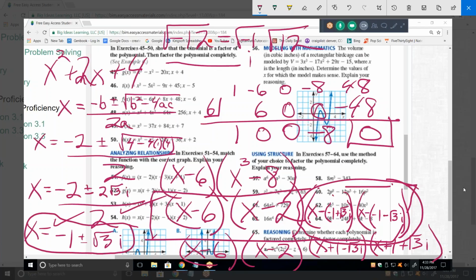Most math books I've ever studied say when you're factoring a polynomial completely, factor it down to its linear factors and irreducible quadratics. An irreducible quadratic is one that only has imaginary solutions. So personally, I wouldn't do this last step. I would leave it as x squared plus 2x plus 4.